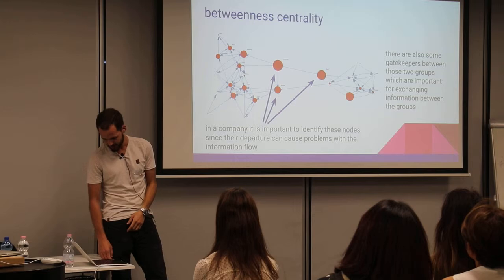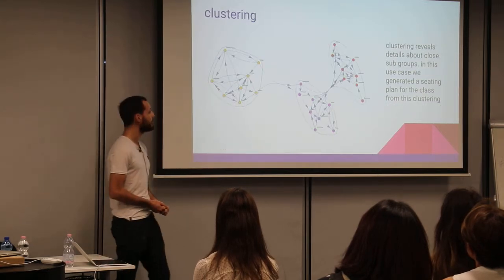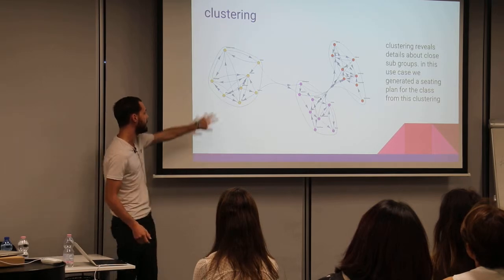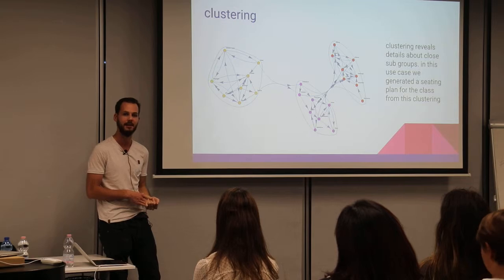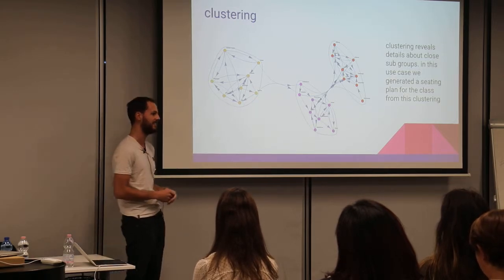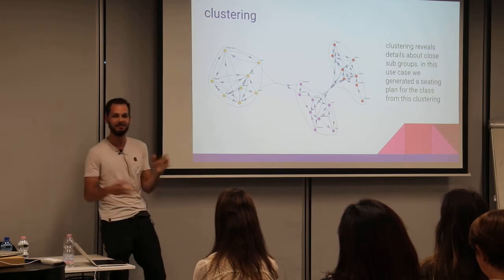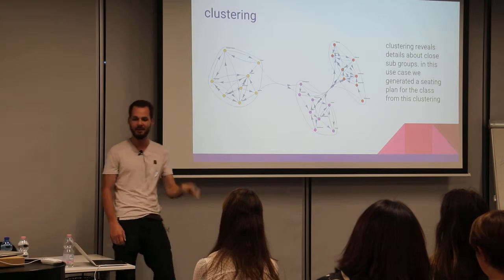And we also, of course, did clustering of groups, and we got 3 subgroups out of that. And from this graph, I created a seating plan for the class, and it was, as I was told, the best one that has ever existed. No one was complaining. I mean, people are always complaining, I don't want to sit between those 2, I want to sit there.